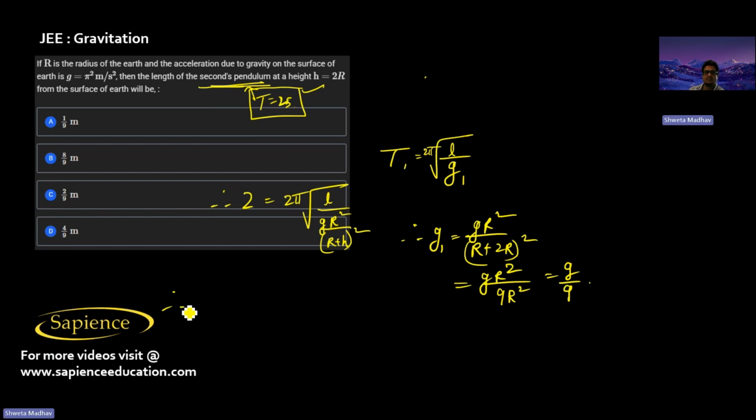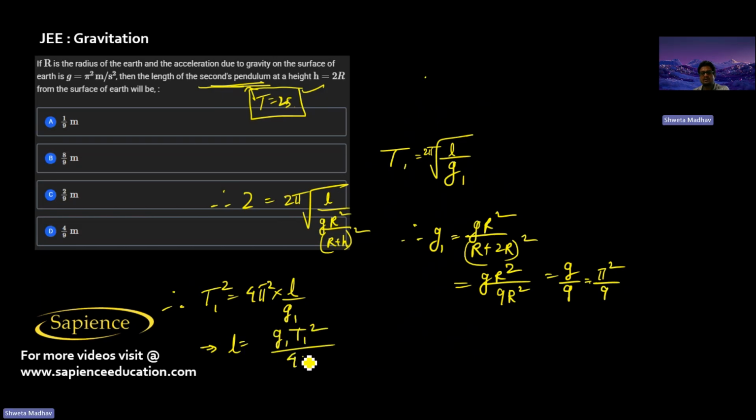So therefore, the length we have to find out. g is pi square, so g1 is pi square by 9. So T1 square is equal to 4 pi square into L by g1. Therefore L will be equal to g1 T1 square by 4 pi square.